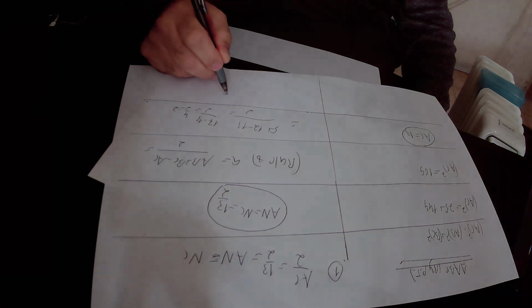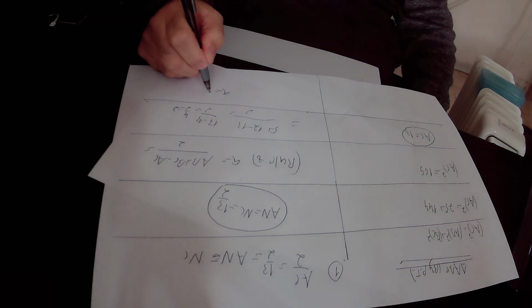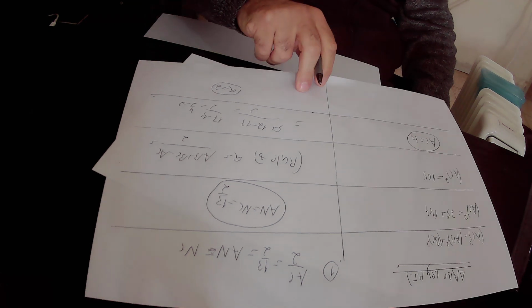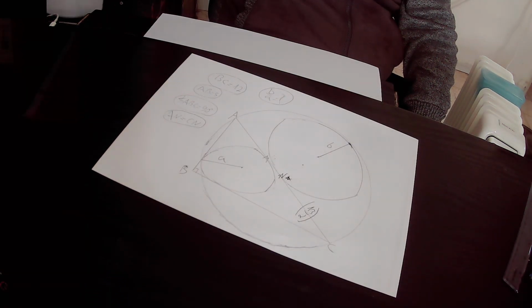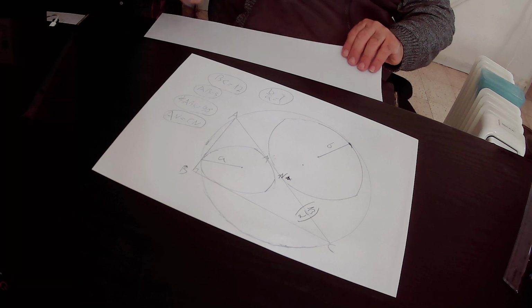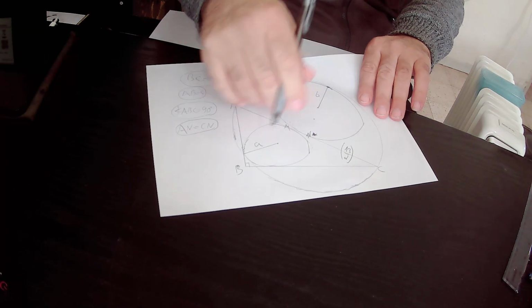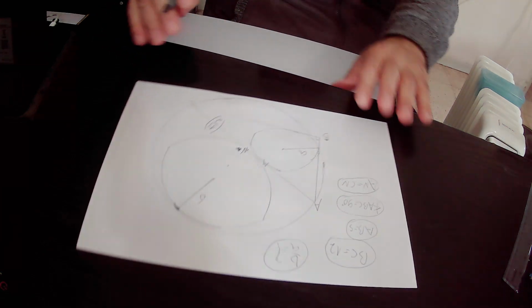So the radius A equals 2 units. Here the radius of this small circle A equals 2 units.